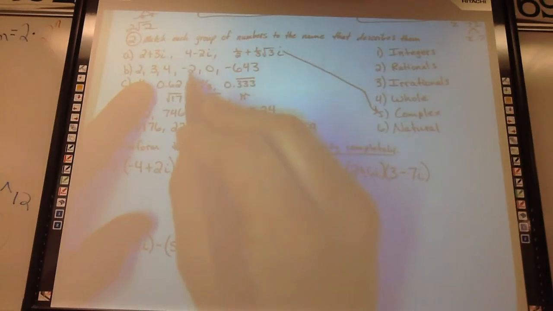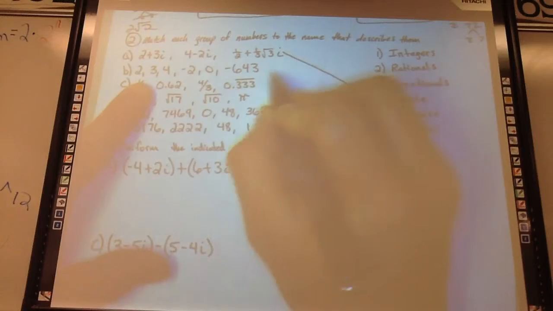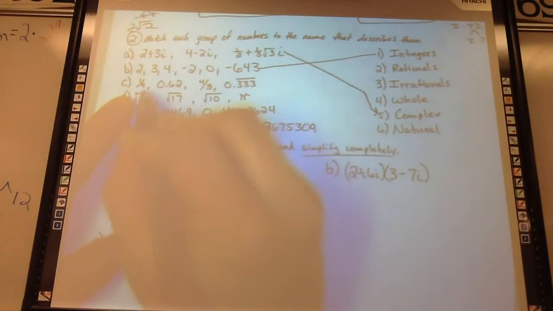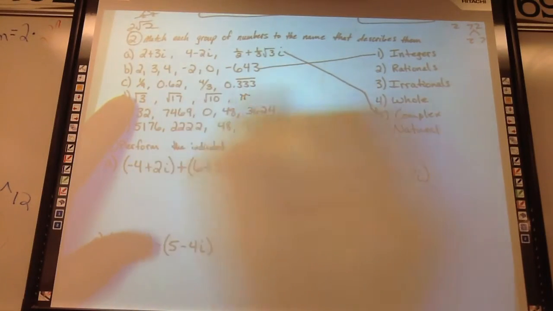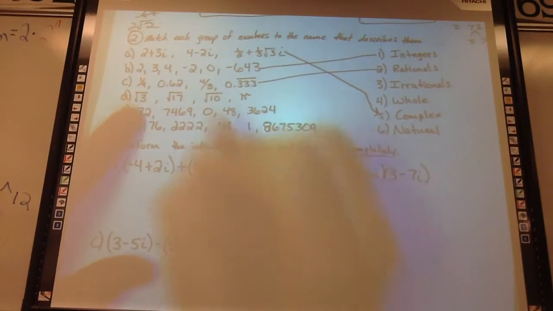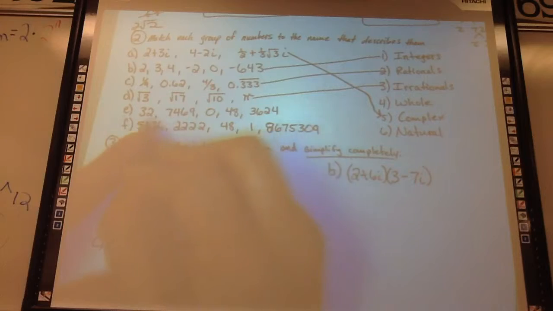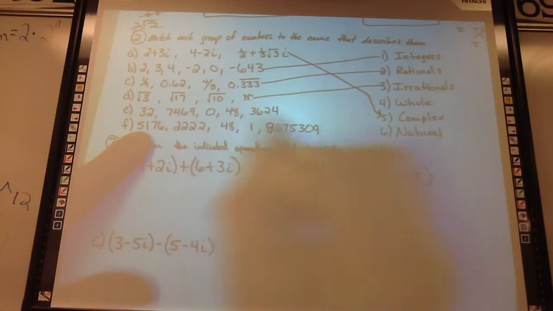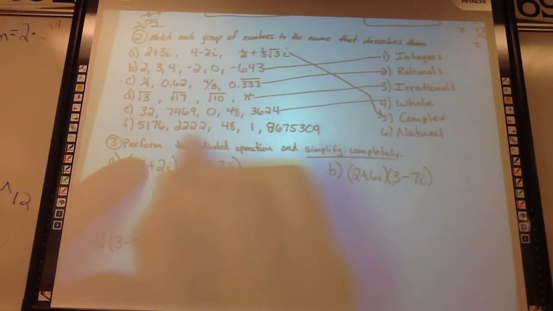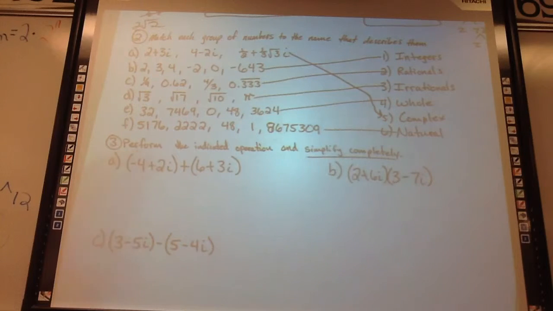These, there's negatives in there and there's 0. Those are integers. Those are fractions. Well, you see fractions, you should know right away that's rationals. Square roots and pi, those are irrationals. Those are just positives, they have a 0. Those are whole numbers. And those are just positives, so those are natural, no 0 in there.